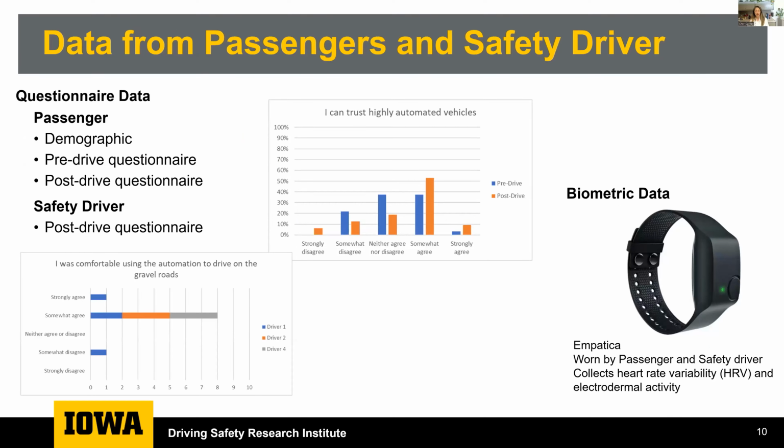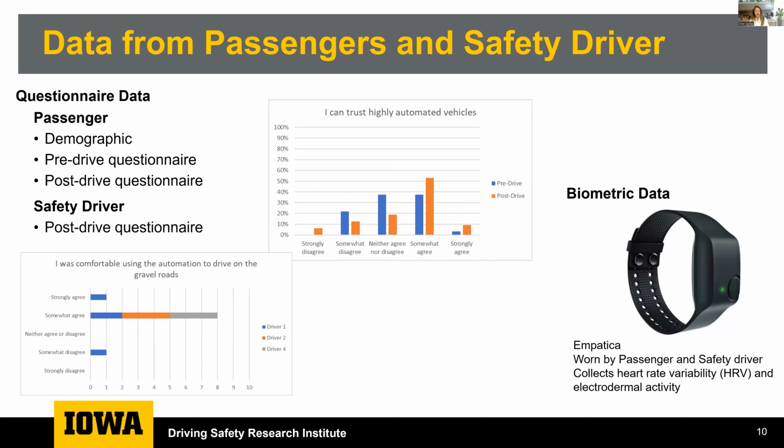In addition to the video data, we're also gathering feedback from the passengers as well as the safety driver. The passenger completes a demographic survey as well as both a pre and post-drive questionnaire. We're interested in things like their initial perceptions of automation, trust and comfort, and then feedback about the completed drive.